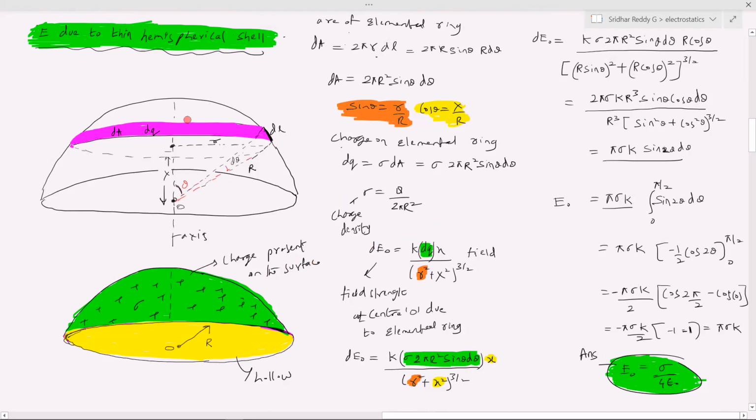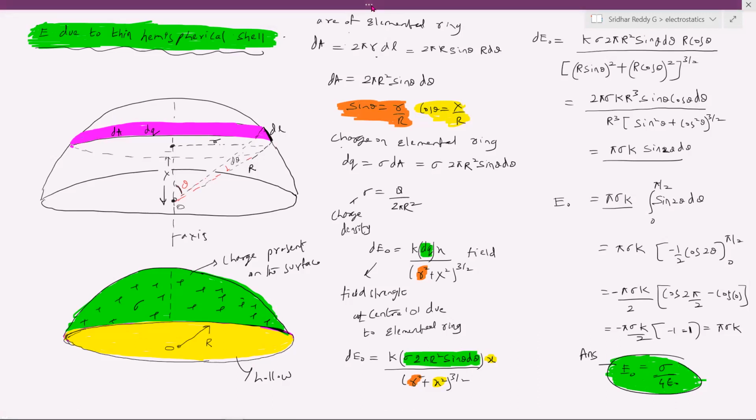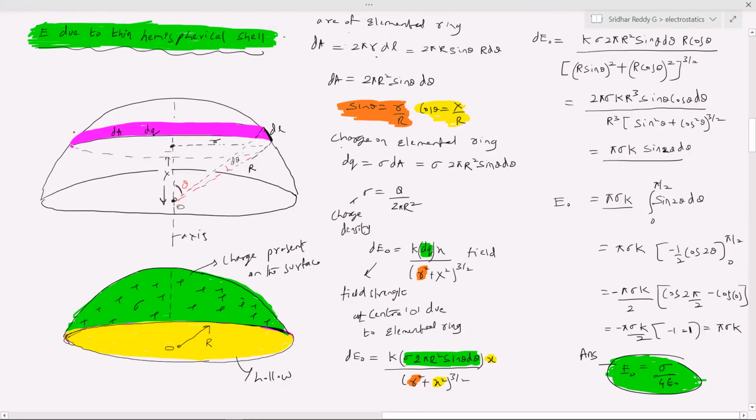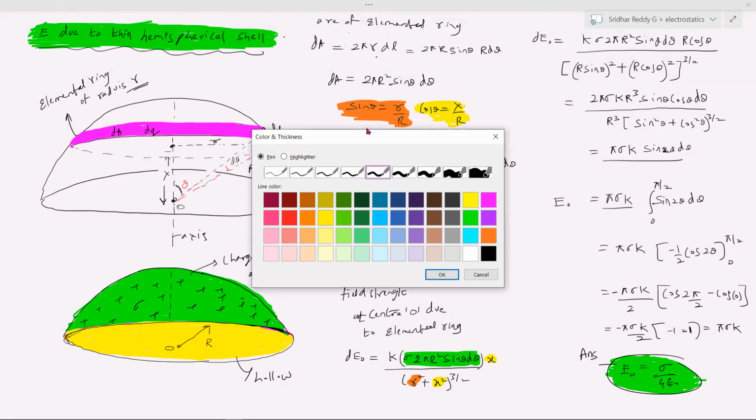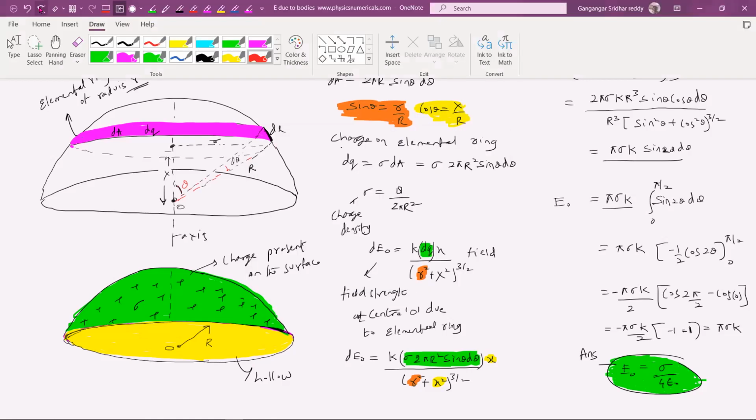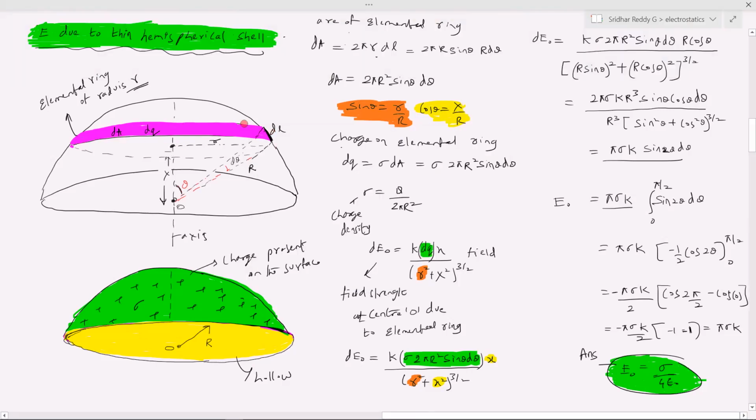What is the method? I'll assume an elemental ring. So what we have is, this is an elemental ring of radius r. I assumed an elemental ring of radius small r.